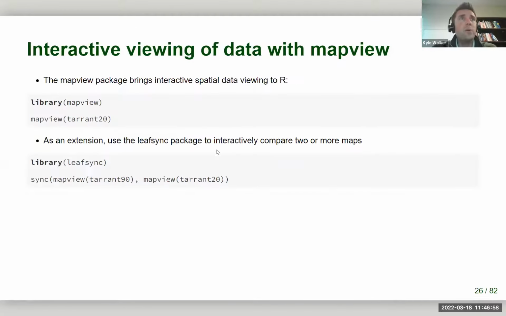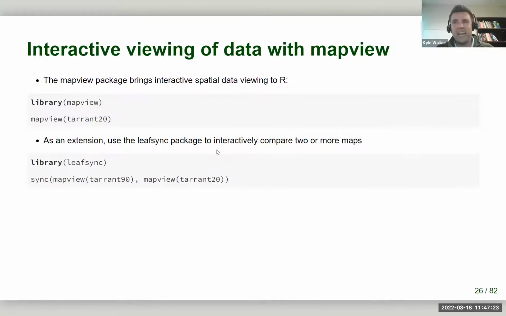The last little bit that I want to show you is something that is really great, and really one of my favorite packages is the MapView R package. And for those of you coming from a GIS background, like I did, to R, one of the biggest limitations for the longest time in R was the inability to interactively view data.